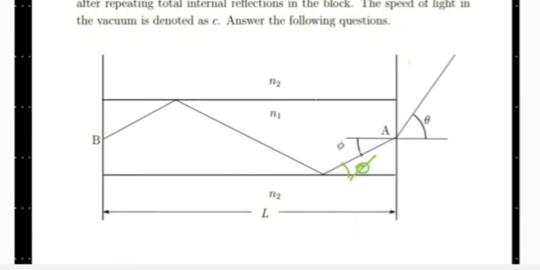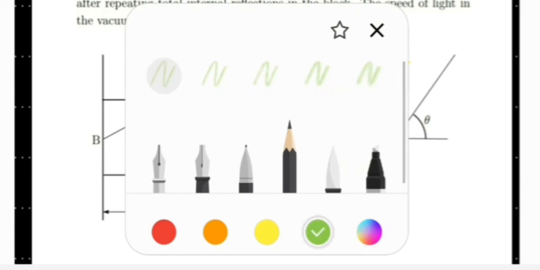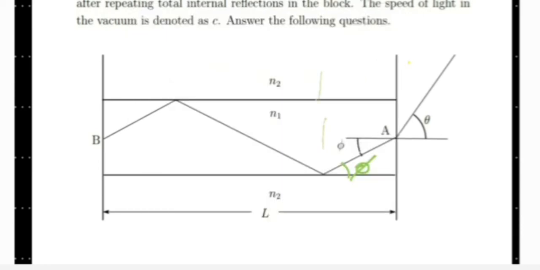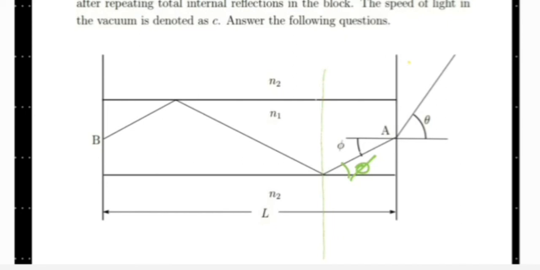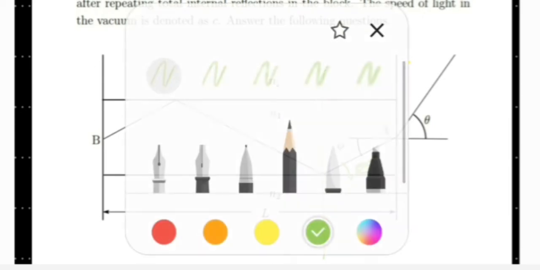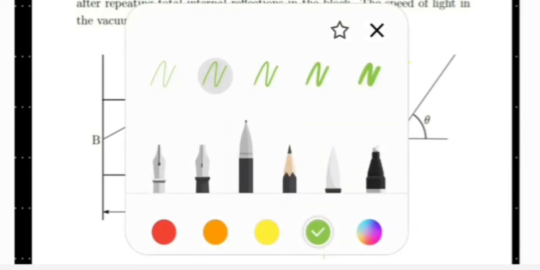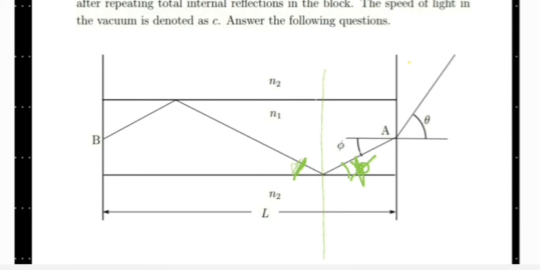The second thing we need to talk about is, let's trace a perpendicular line over here, okay? By the second law of reflection, this angle over here is the same as this one.